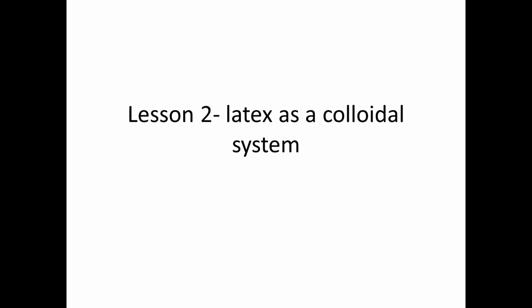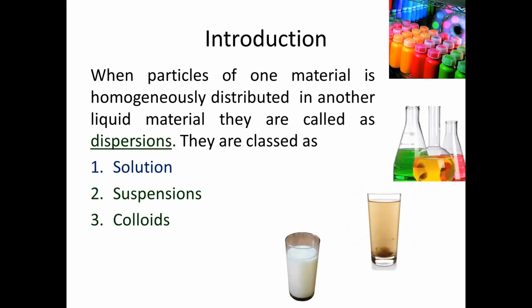Okay, I suppose you all don't know, because even for other degree programs, we talk about colloidal systems in the degrees at this level. So when we want to learn what is a colloidal system, we should know what are the different material distributions in different other materials.